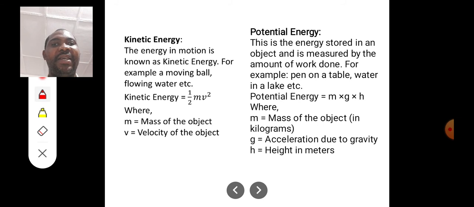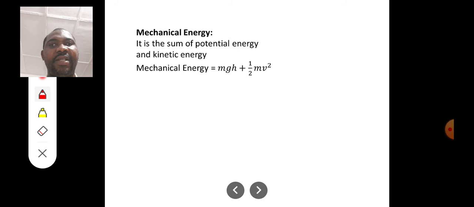Water in a lake has potential energy. So potential energy is simply mgh. My sitting down doing nothing, that is potential energy. You have the potential to do work even though you're not doing any work. It's your rest position. Here m is the mass of the object in kilograms, g is the acceleration due to gravity, and h is height in meters.